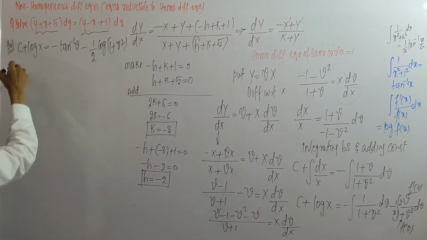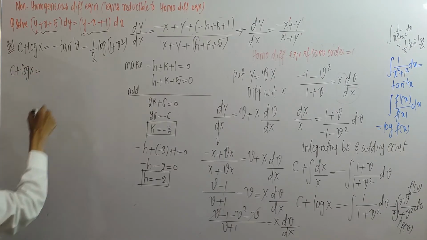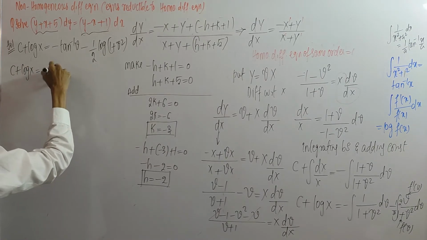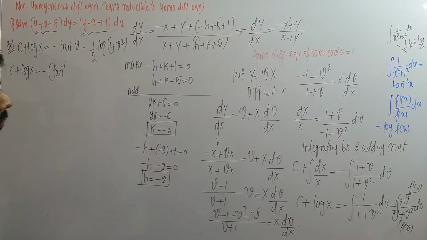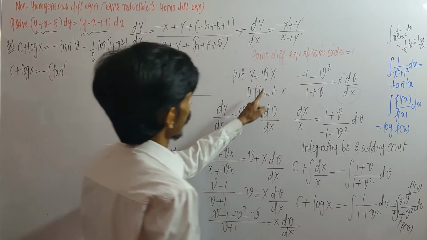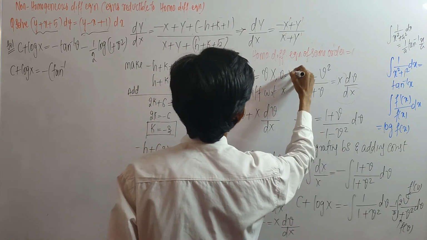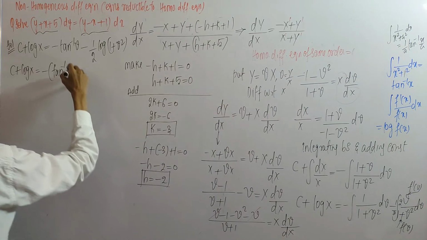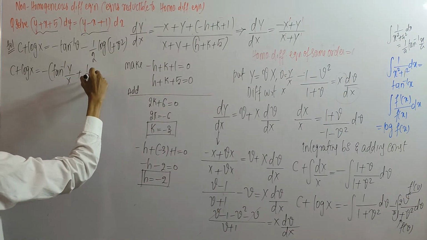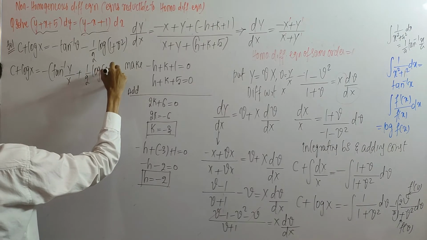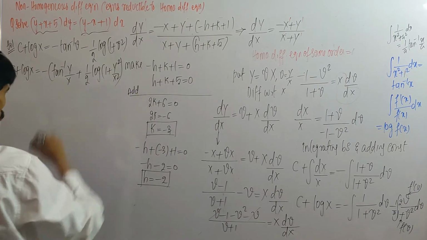Now c plus log x, take minus common, we have tan inverse v value. The v value is y by x. So tan inverse y by x plus 1 by 2 log 1 plus y square by x square.